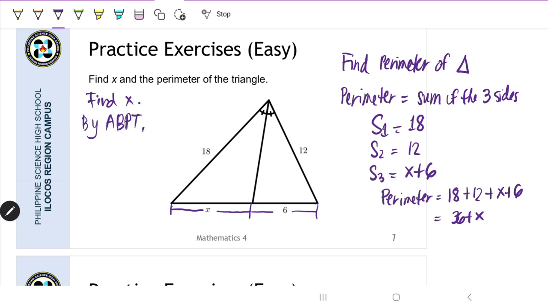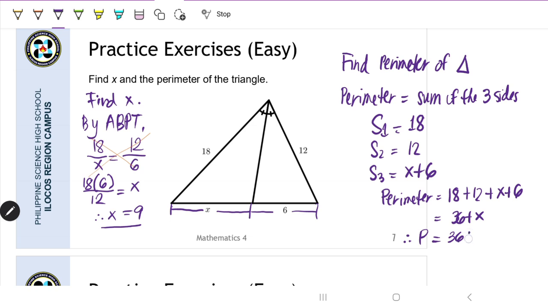Our equation would be 18 over x is equal to 12 over 6. Performing cross multiplication, 18 times 6 over 12 is equal to x. Therefore, x is equal to 9. So if x equals 9, the perimeter is equal to 36 plus 9, or 45 units.